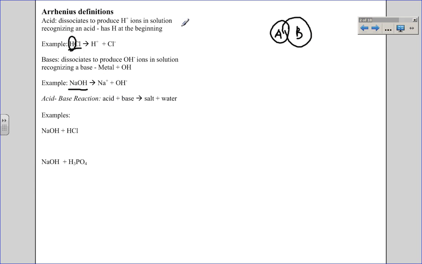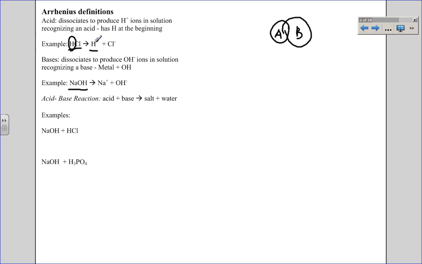Now, the formal definition of an acid is that it's something that dissociates to produce H+ ions in solution. So when hydrochloric acid goes into solution and we break it up into its ions, it breaks up into H+ and Cl-. So as we can see, it fits the definition because when it dissociates, it produces this H+ ion.